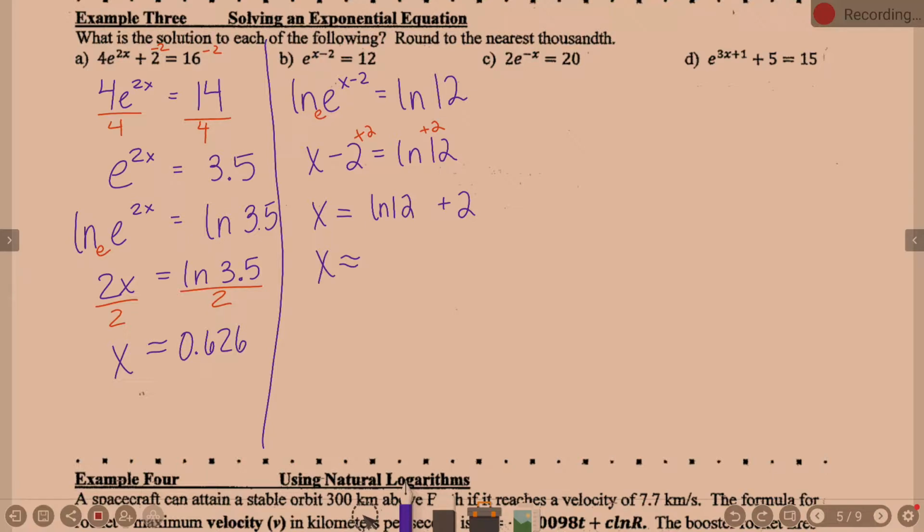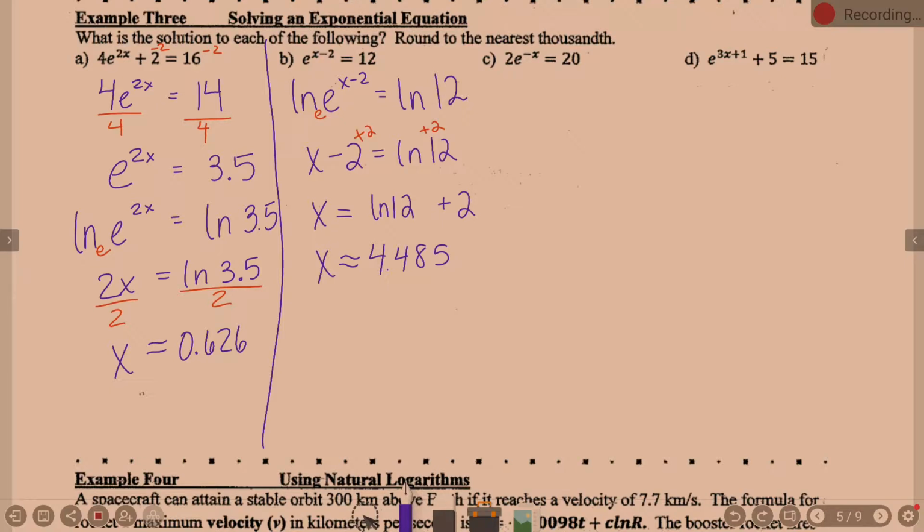What's your calculator work telling you that natural log of 12 plus 2 is? 2.6. I'm not sure I heard an answer I liked. Wait. Yeah, that's what I got. It is 4.485. Okay, that's the round. I'm just having a problem reading.